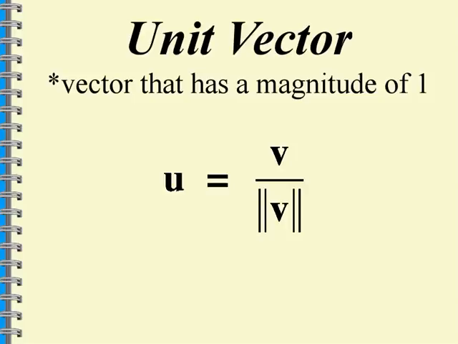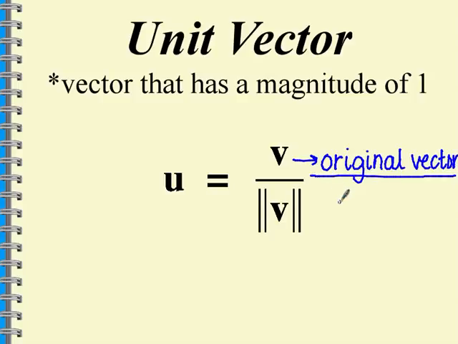You start with the original vector and divide it by the magnitude of the vector. Once again, pretty straightforward.